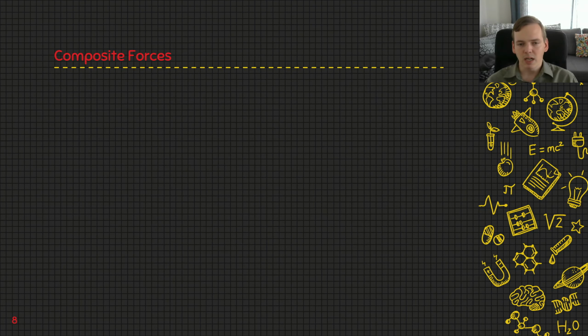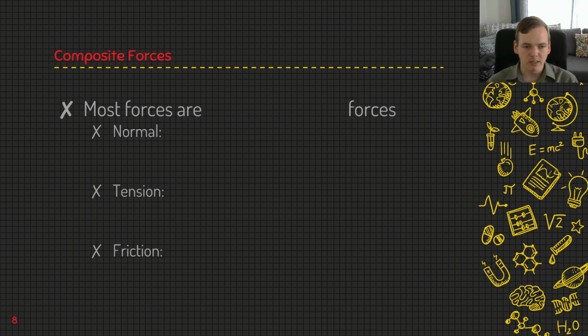Most of the forces we're going to talk about in this unit are known as composite forces. A composite force is basically, you have a bunch of electrons and protons in your hand, right? You've got all these atoms in your hand.